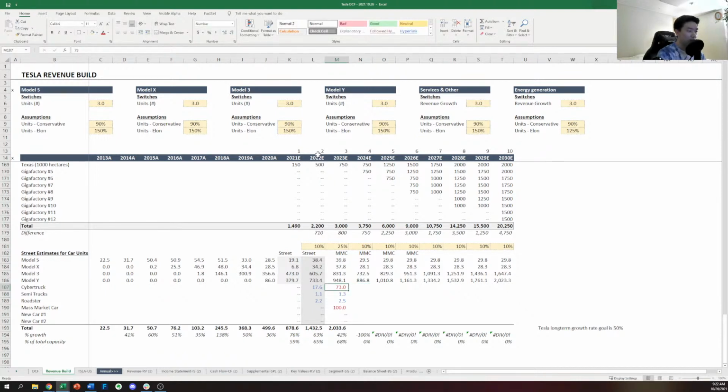I guess that makes more sense, but then we want to be more aggressive than the Street. It's a matter of how much more aggressive. If we do 73 times 25%, okay, I think that's good. And then 100,000 here. Okay, so yeah, 2023 is fine. So we're good with this one.